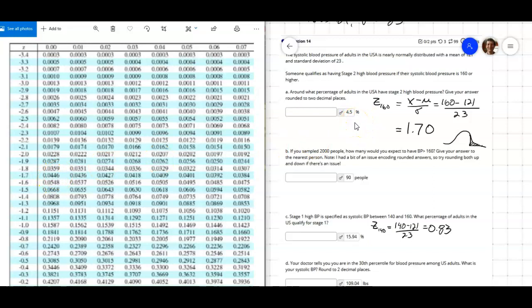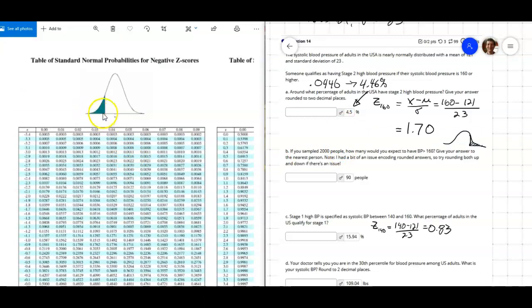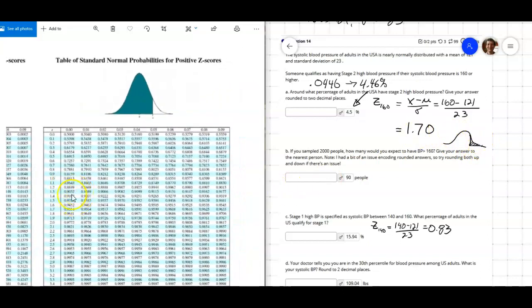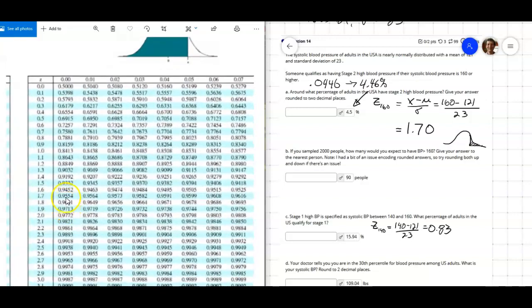So from the z-score table we get 0.0446, which would go to 4.46%, which we'd then round to 4.5%. This is using the negative z-score table, and that's because the area on the left, this shaded region, is actually the same area on the right of the positive z-score. We could also look up the positive z-score, 1.7, and here we have 0.9554.